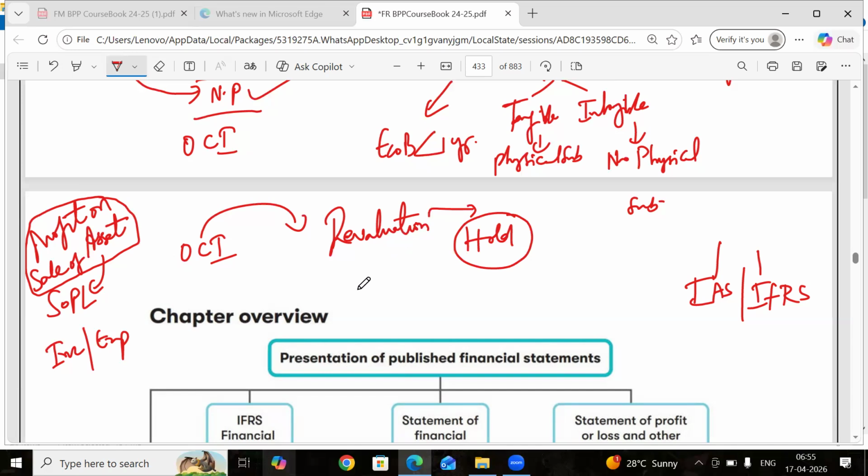So if you want to hold the asset, any increase in the value of the asset, of course, is a gain, but not a realizable gain. You're not selling the asset, you are holding it. And if the asset value increases, shareholders definitely want to know, because whatever assets are there in the company belong to shareholders. They want to know how much is the increase and they want it to be accounted.